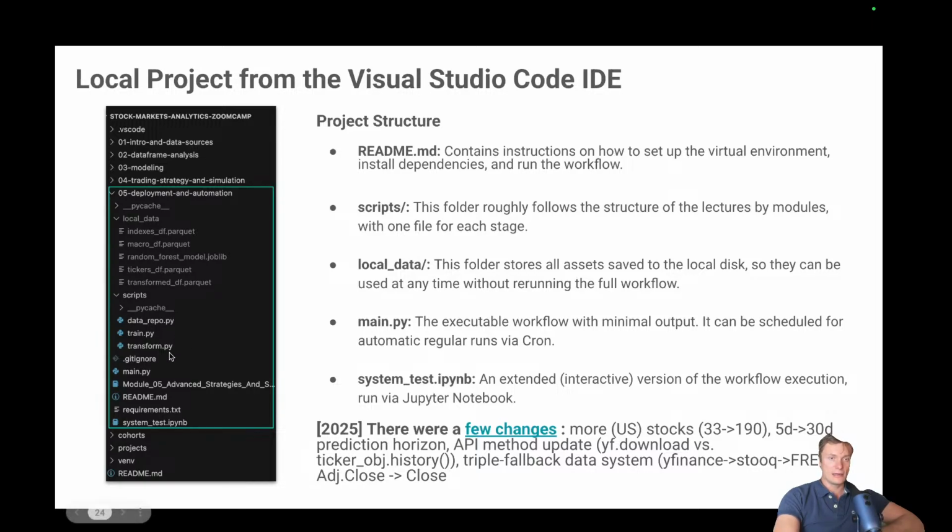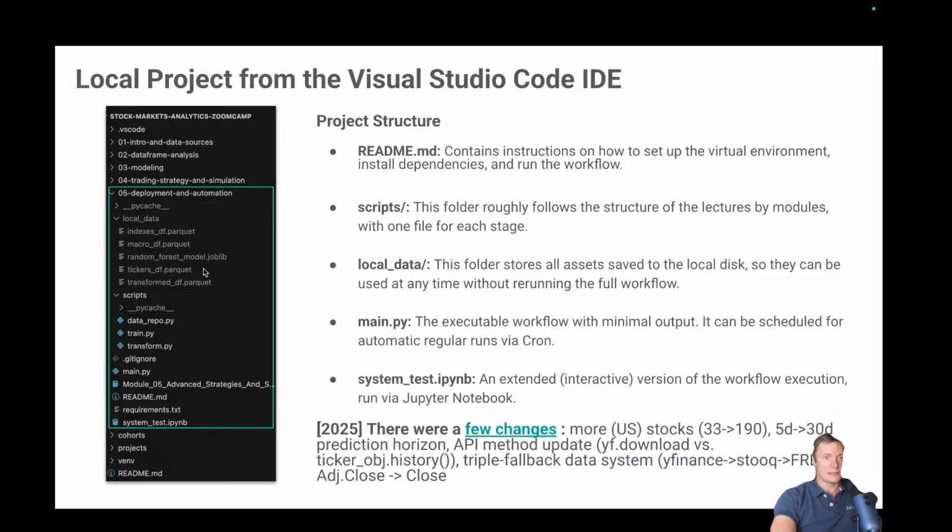Then there is a main.py, which is one Python script that calls all of the previously defined scripts. And I also have local data, which is not saved to the public repo, but I save all the data in Parquet files.